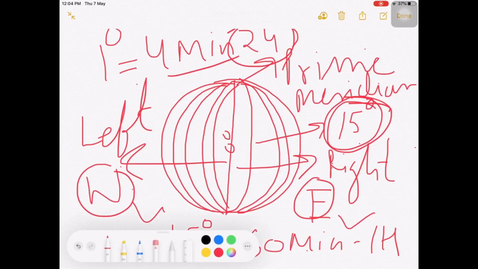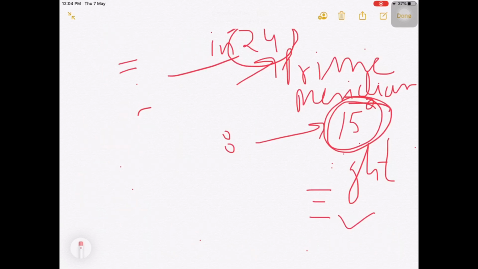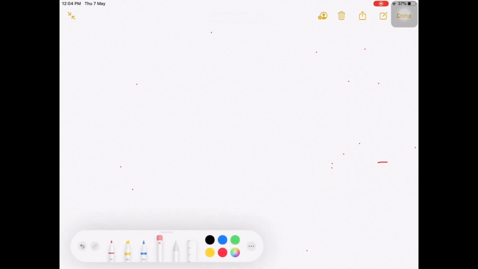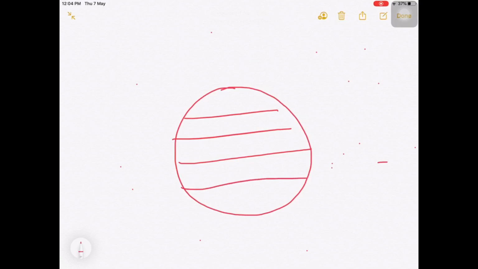So now let's find out what type of diagram it will be if I draw it together with latitude and longitude lines. First of all, I'll start with a circle. Then what to do? Intersection. This time I am not writing their names, because we have already done that, so you are well aware of it.